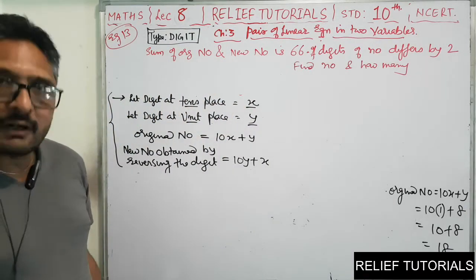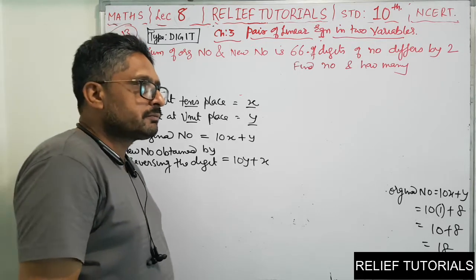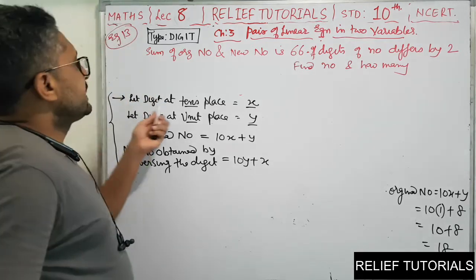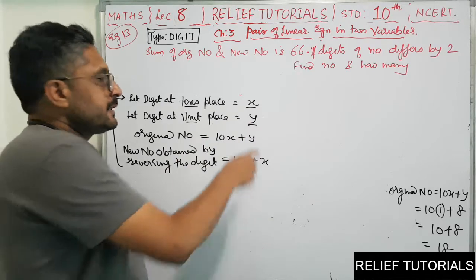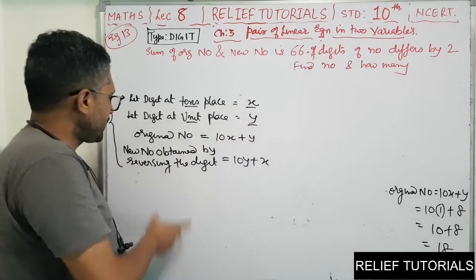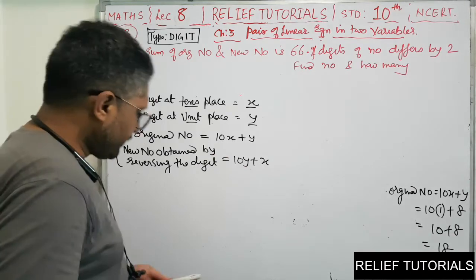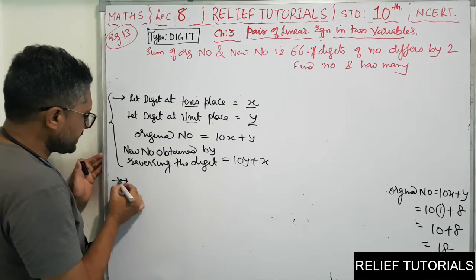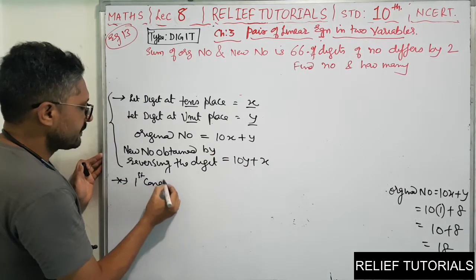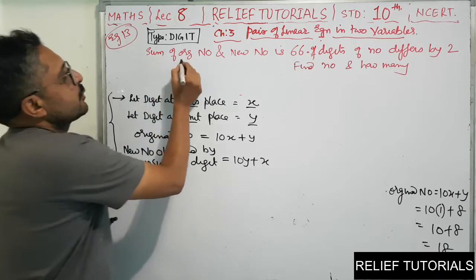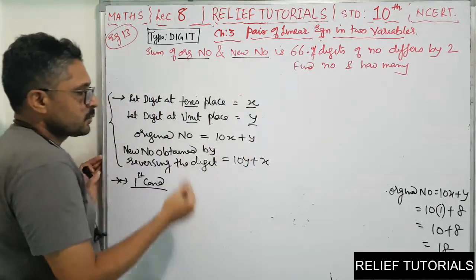See, as usual I told you what you have to do. First, let the digit at tens place be x, the digit at units place be y, the original number is 10x plus y, and the new number obtained by reversing the order is 10y plus x. Clear? Now the first condition: the sum of the original number and the new number.